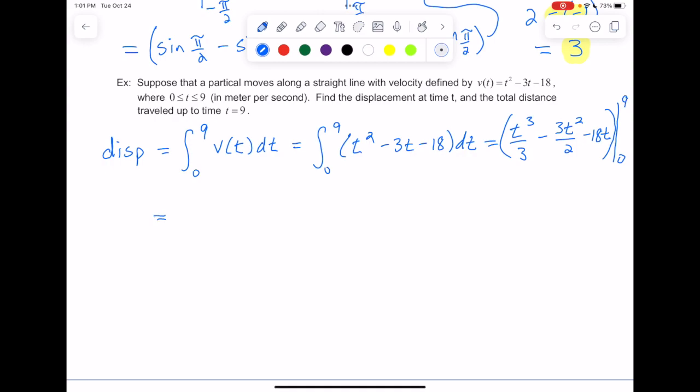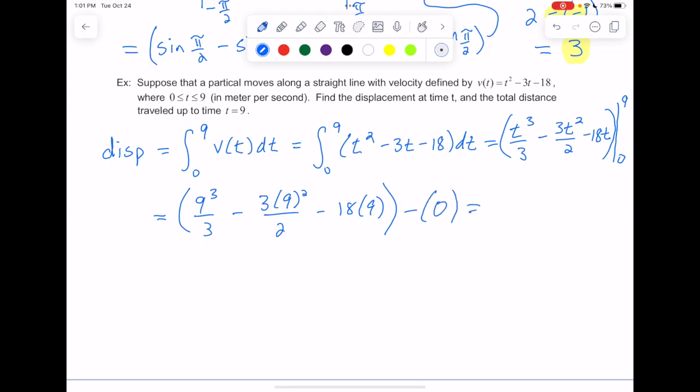So we plug in the 9, we get 9 cubed over 3 minus 3 times 9 squared over 2 minus 18 times 9. So that's our first portion. And if we plug in the 0, then we get a really nice answer. We just get 0 in all 3 spots, so minus 0. And if you do all the fraction work on that, you end up with negative 40.5.